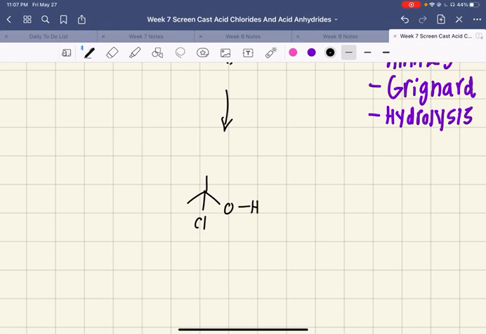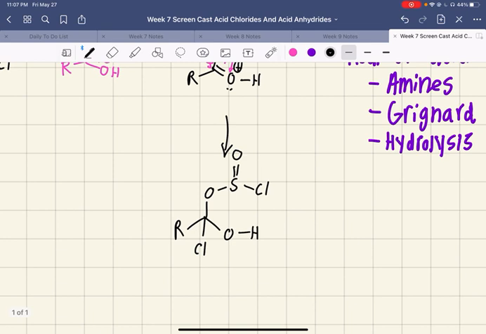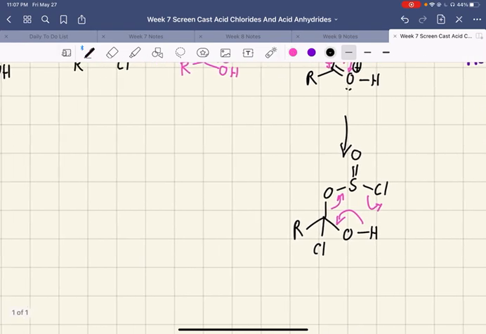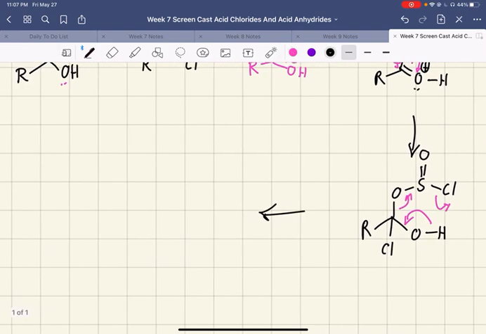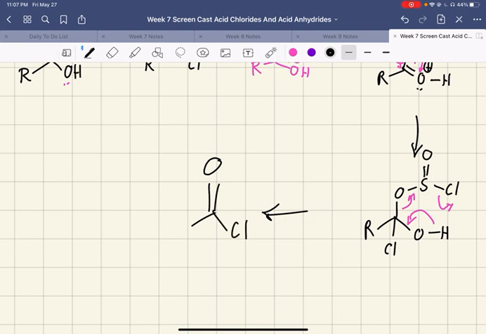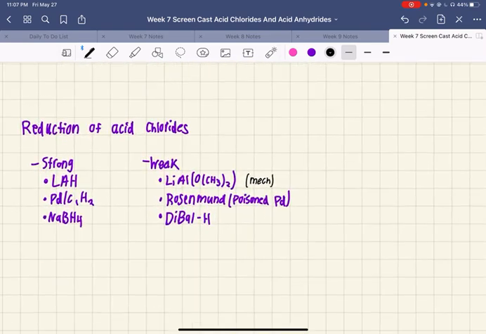It's still coupled, and this next step will decouple these two. So a rearrangement will occur in which the chlorine gets kicked off and the double bond reforms. So this is the acid chloride plus HCl and SO2. That was that mechanism.